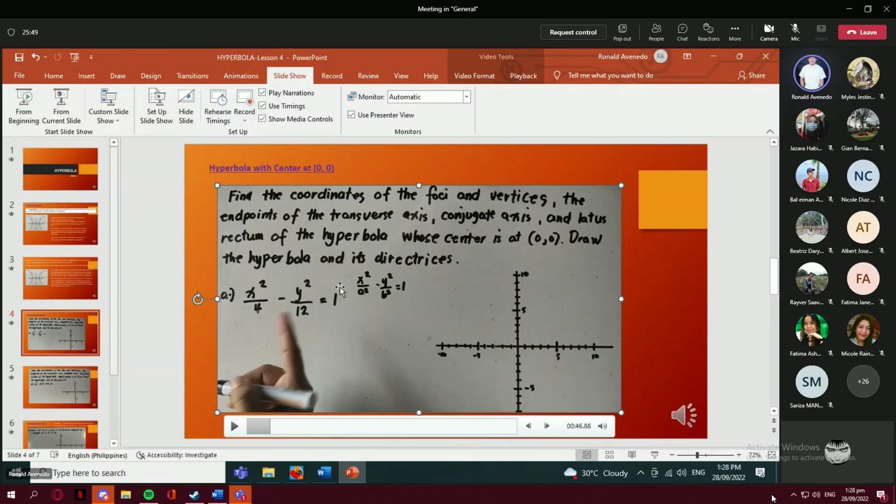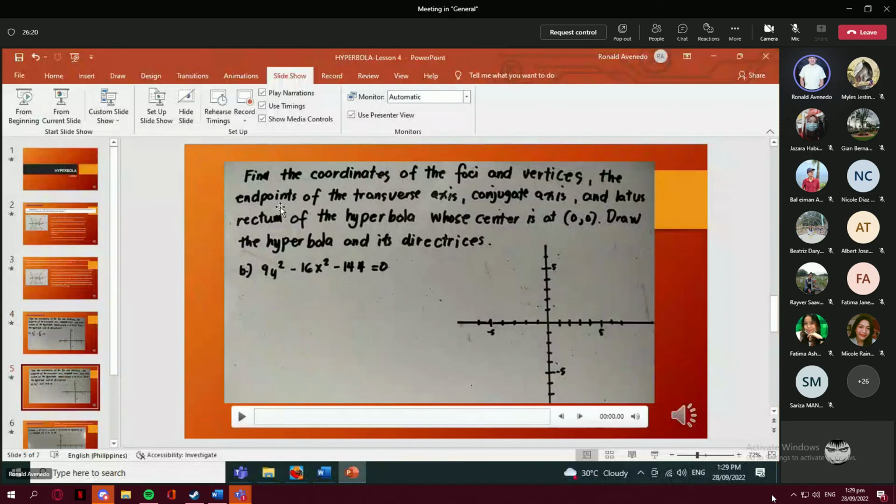Now, what can you conclude? Here, a squared is 4, b squared is equal to 12. Does it mean that b squared should be greater than a squared, or does it have something to do with the position? Later on, we'll have another example, then check if we can say that b should always be greater than a. Let's continue.